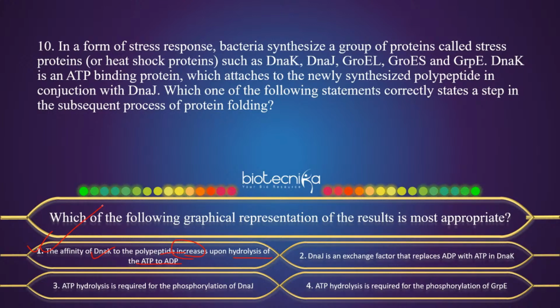So the first is the right option. Second, DNA J is an exchange factor. No, it is not. It helps to recruit DNA K. ATP hydrolysis is required for the phosphorylation of DNA J. Not at all. It is required with DNA K. It is required for phosphorylation of GRPE. Not at all. It is not associated.